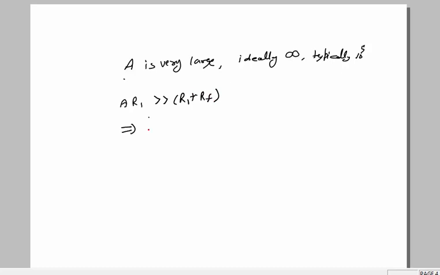It means R1 plus RF plus AR1, which is the denominator of the previous equation, can simply be approximated to only AR1.